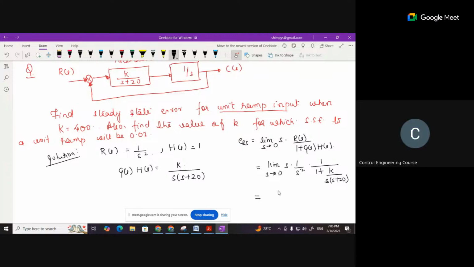So now solving this, what will I get? Limit S tends to 0, 1 by S plus 20 plus K, shall I substitute the value of K as 400 here? It is given.